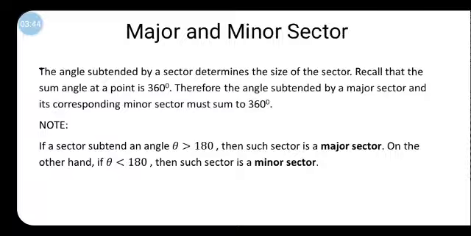On the other hand, if the angle subtended by the sector is less than 180 degrees, then such a sector is a minor sector. So you can determine the type of sector, major or minor, not only by size and shape, but also by the angle the sector subtends at the center of the circle.